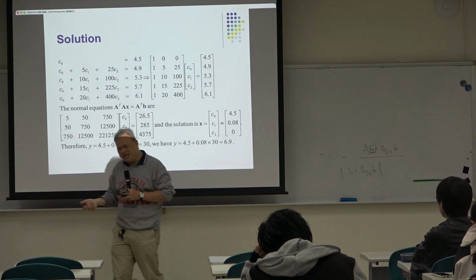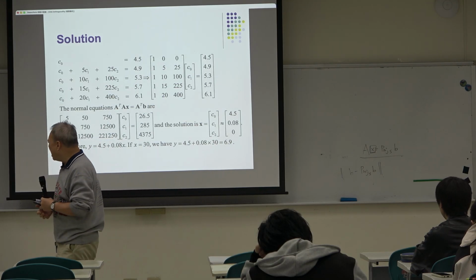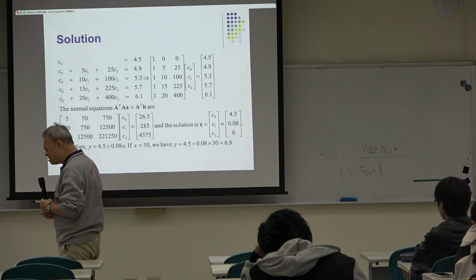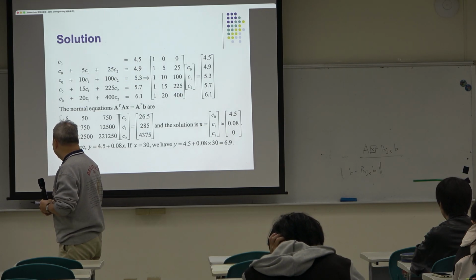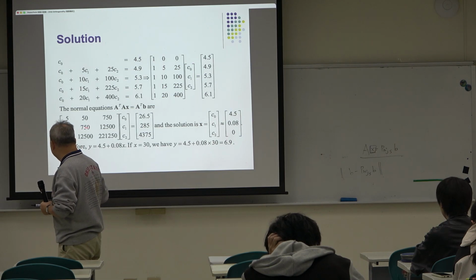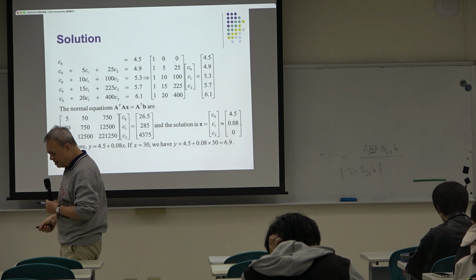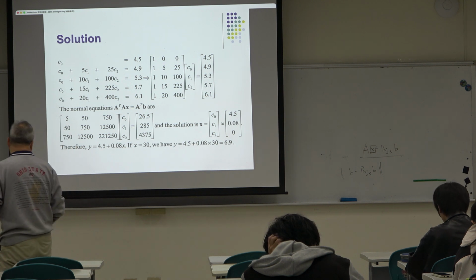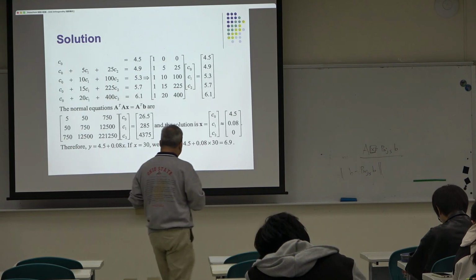Okay, A transpose b is going to be this one. You need to do a 3 by 5 times 5 by 3 matrix multiplication, and then solve a 3 by 3 system of linear equations, which eventually gives you c0, c1, c2.